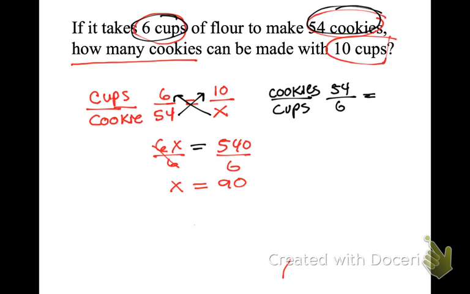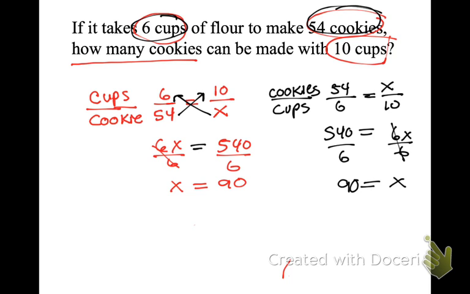And then 10 goes in the denominator, and this becomes my x. And then we're doing 6x equals 540. Divide by 6. X equals 90. So do you see, it doesn't matter how you set it up, as long as you set it up, notice it's the same all the way across.